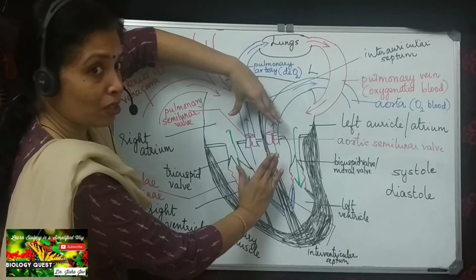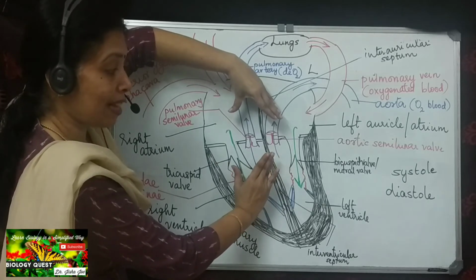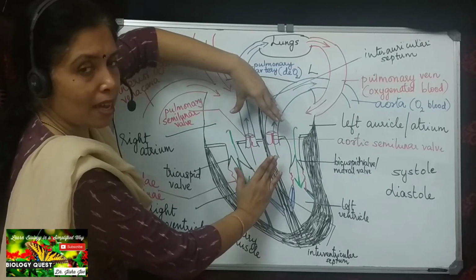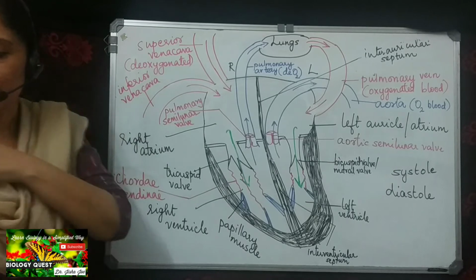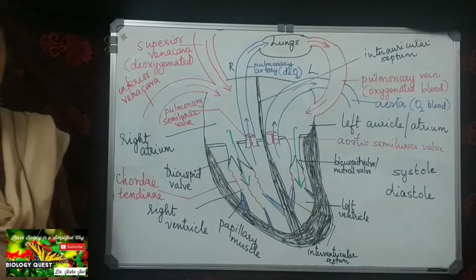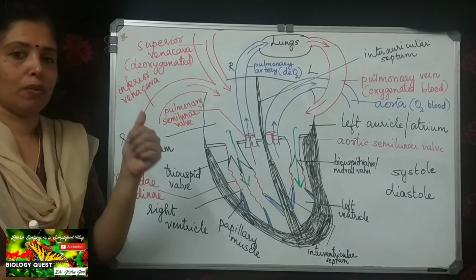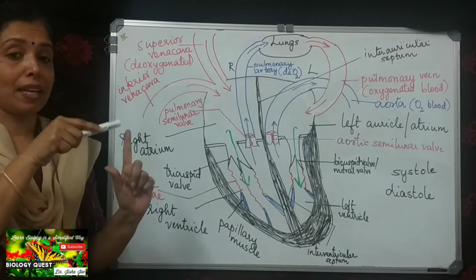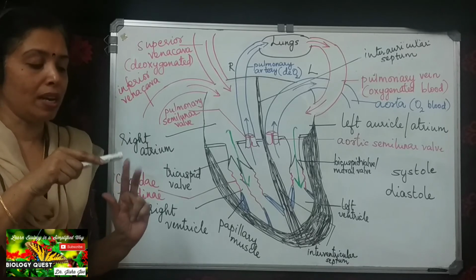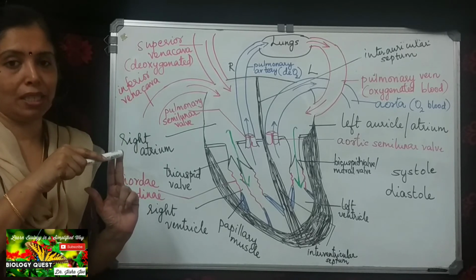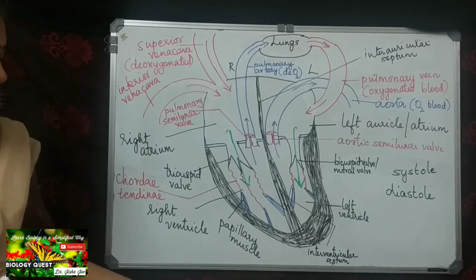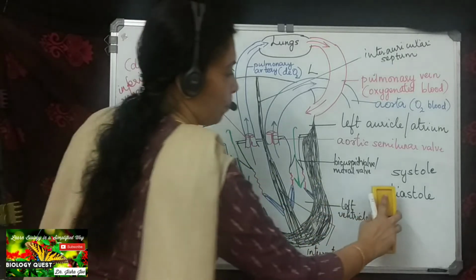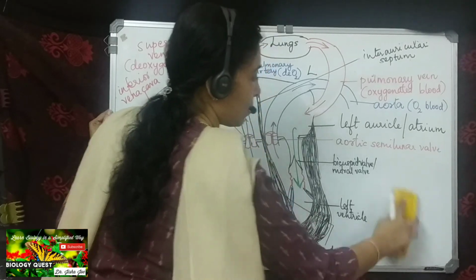It is a stage when both the auricles as well as both the ventricles are in a relaxed state. The first stage is the auricular systole, then comes the ventricular systole, and then comes the joint diastole. The entire sequence of events that occurs here is called the cardiac cycle.